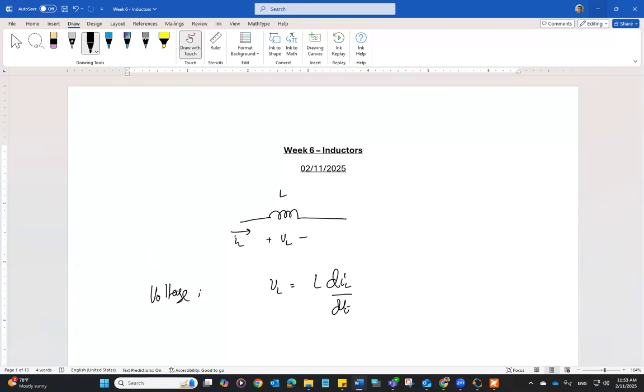If the current passing through the inductor is changing with respect to time, then you will have some voltage across it. If that current becomes constant, then the voltage drops down to zero, and that's what happens at the steady state. The current becomes constant because the inductor starts acting as a short circuit. All the energy that is stored stays there and is no longer changing.